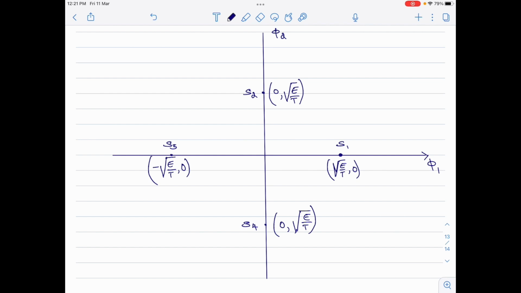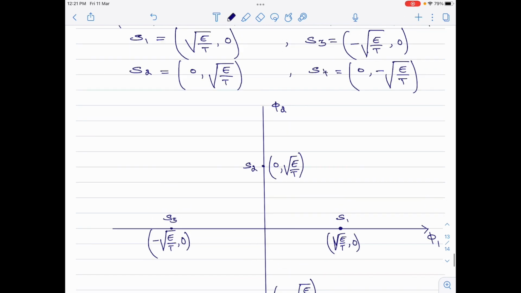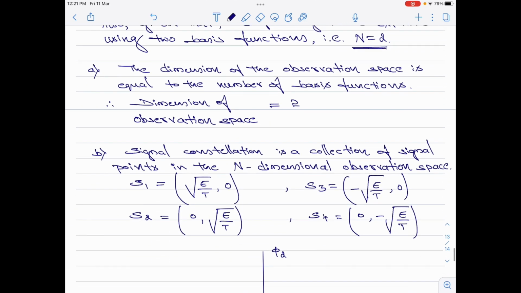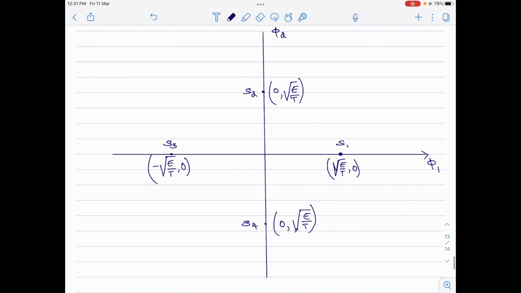Right. So, now we have created a constellation diagram. However, the question does not end there, because in part 3 of the question, we are asked to find the decision regions, and in the last part, we are also asked to calculate the Euclidean distance between each of the signal points. So, let us now continue and draw the decision regions for the given constellation diagram.